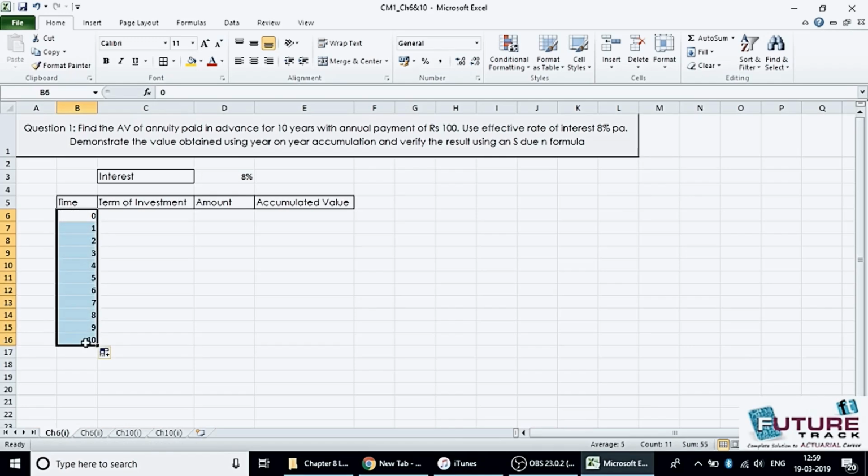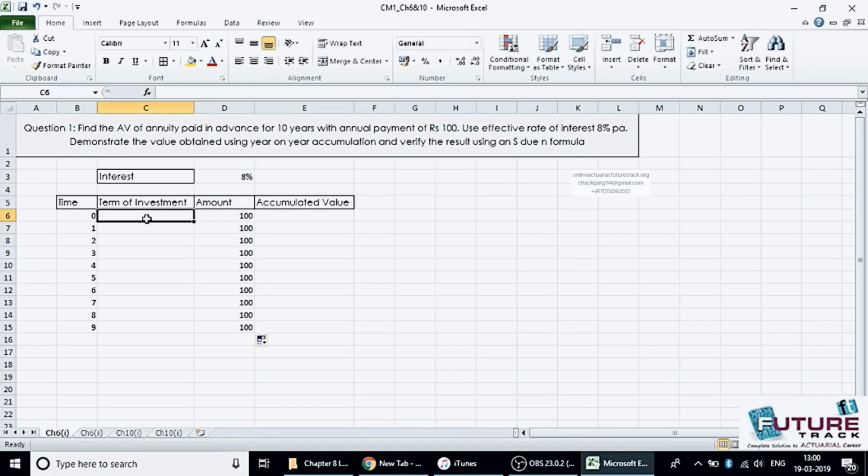So we have total 10 payments. The last payment will be occurring at 9. Amount of payment is 100. Right, investing at time 0. This is invested for 10 years. So you will get the interest of 10 years on this. Fine. On this you will get 10-year investment.